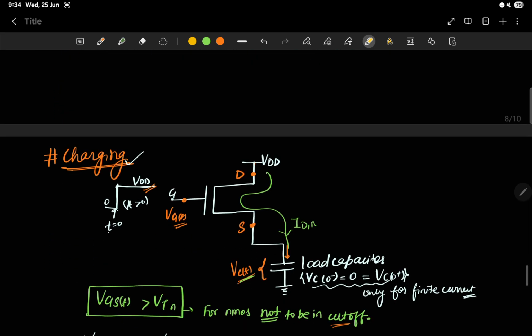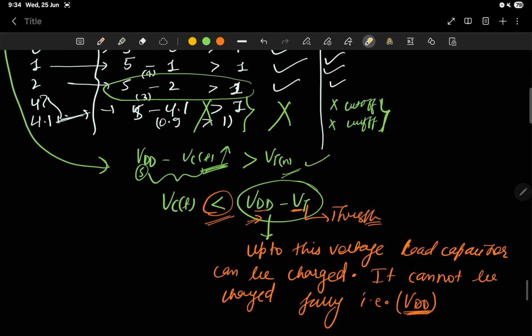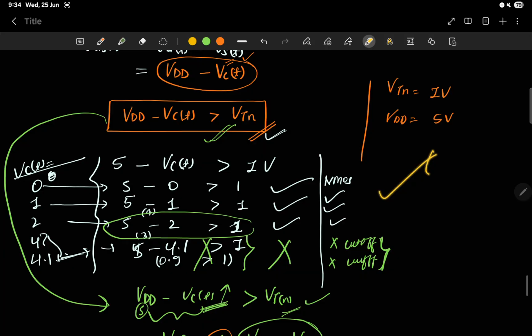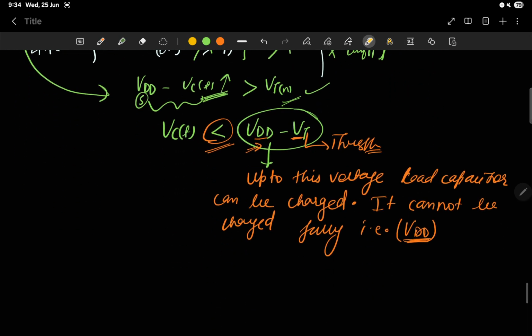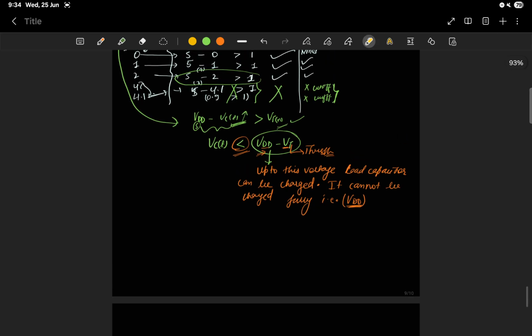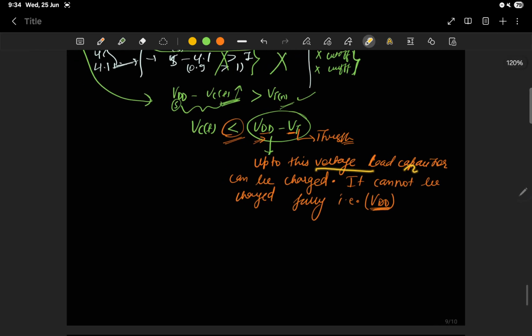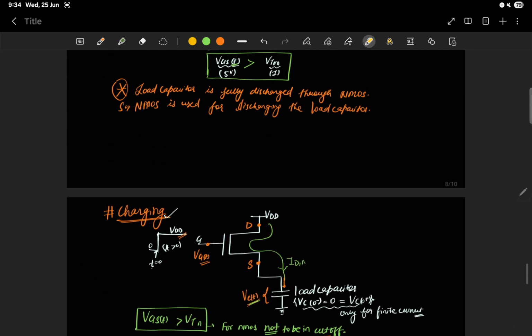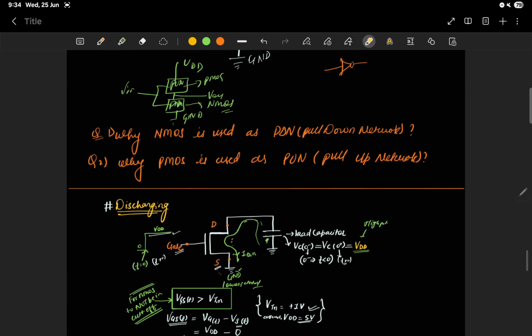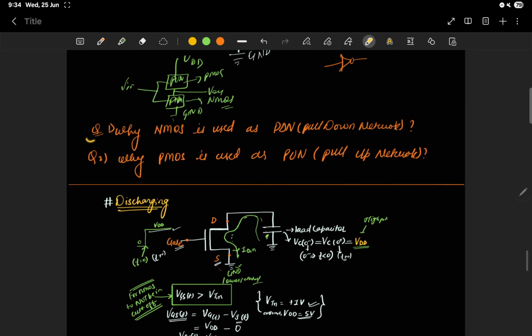We provide a path, VDD will be there, our capacitor will be charged, and then after a good explanation, we reach our conclusion: up to this voltage the load capacitor can be charged, it cannot be fully charged.